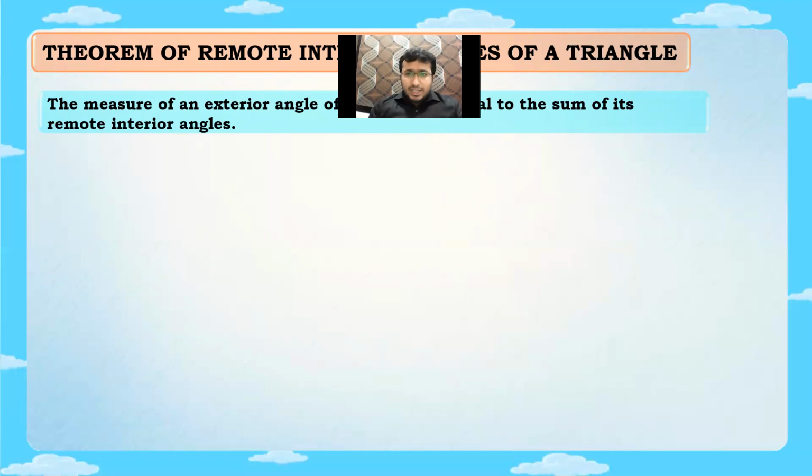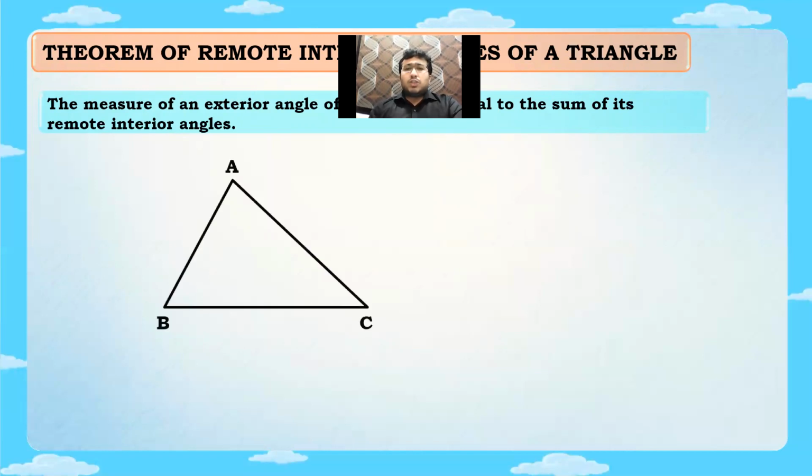Now, students, let us read the statement one more time. It says the measure of an exterior angle of a triangle is equal to the sum of its remote interior angles. So students, which geometrical figure are we talking about? Superb. We are talking about a triangle. So I draw a rough figure of a triangle.